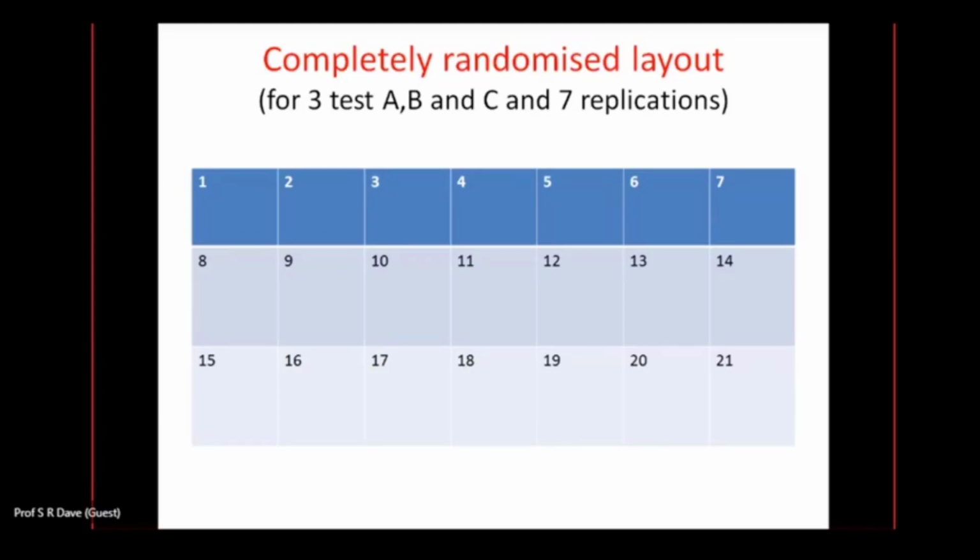In agriculture, suppose this is the top soil on one end, and this dark blue, then this is the medium soil, and this is on the other end.